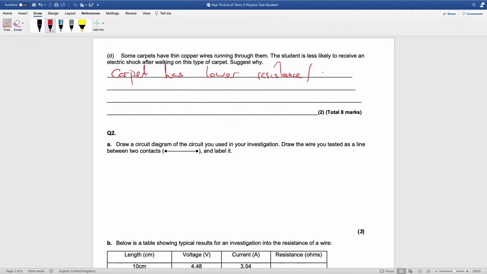So the copper is a conductor, the carpet has a lower resistance, therefore the charge doesn't build up, or doesn't build up as much.